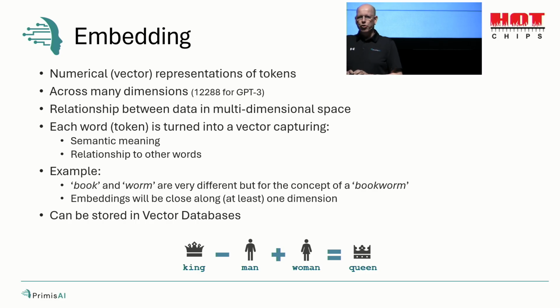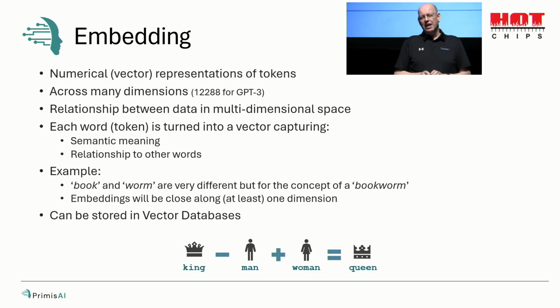Now, next in the model, there's the concept of embedding. And this basically means assigning meaning to those words in the vocabulary. And that meaning is actually a parameter in the neural net, which is trained during the training process. You can really see there are 2 aspects to it. There is the meaning of the word as such, right? But also the relation of the words to other words in the vocabulary.